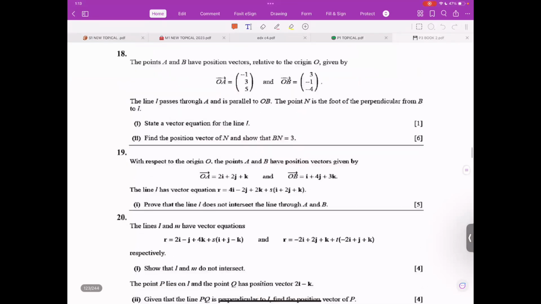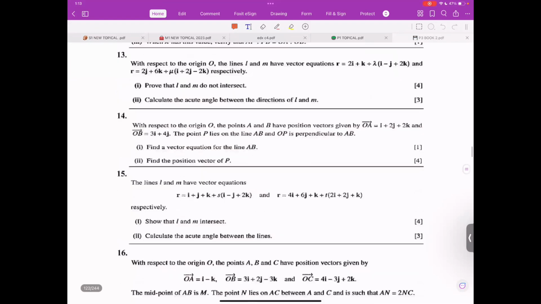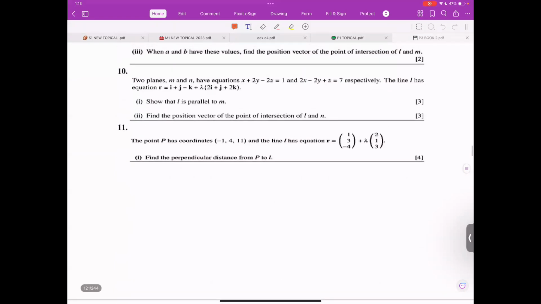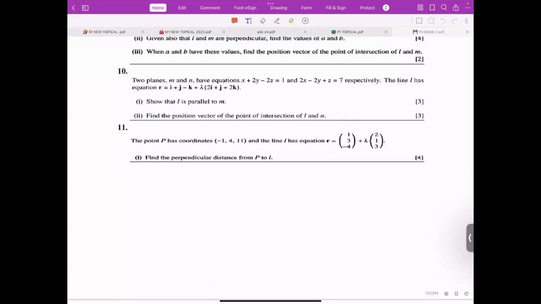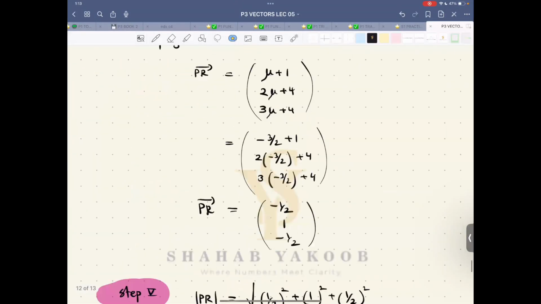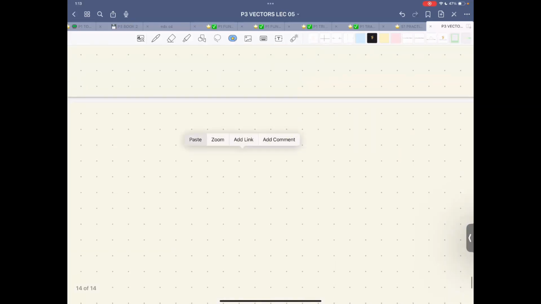Prove that the lines intersect. I'm just looking for this thing, acute angle, position vector, acute angle, perpendicular distance. I think this is the one, question 11. And let me paste it first. So now this is question 11 over here.